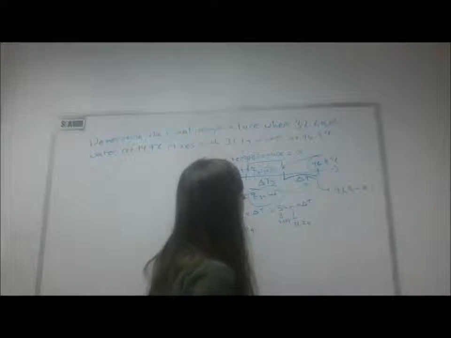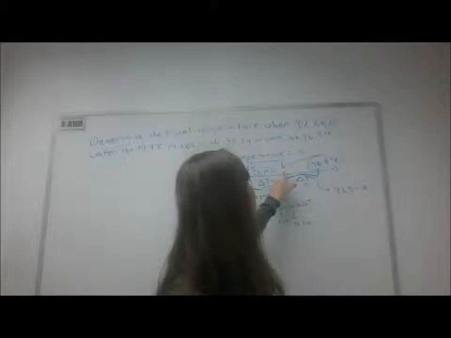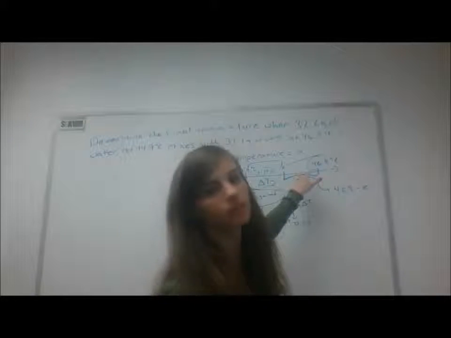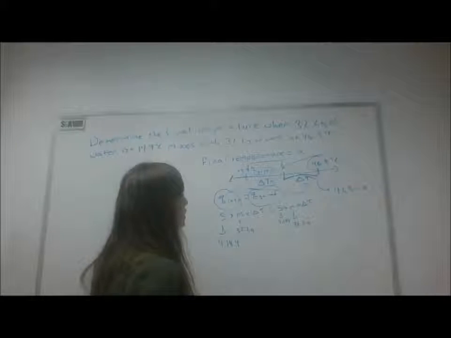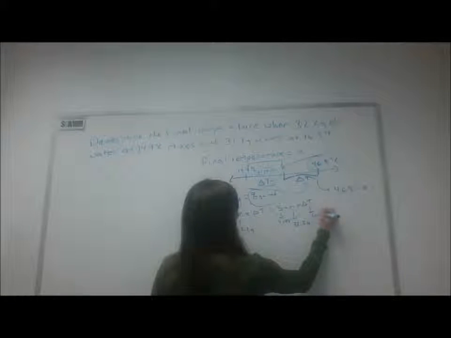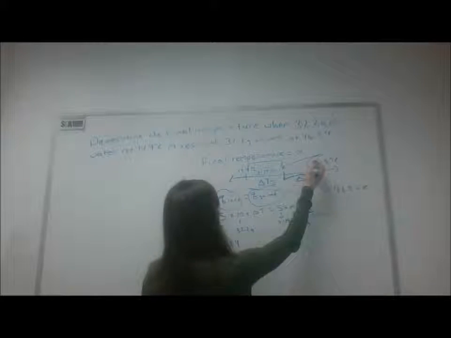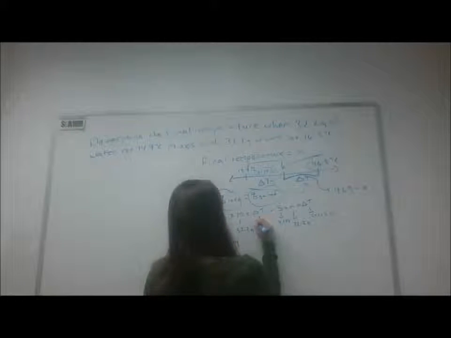See that? So we understand the values of these two delta T's. 46.8 minus X and X minus 14.9 is going to be the amount in each of these. So now we can put X minus 14.9 here, and 46.8 minus X here in the Q lost.